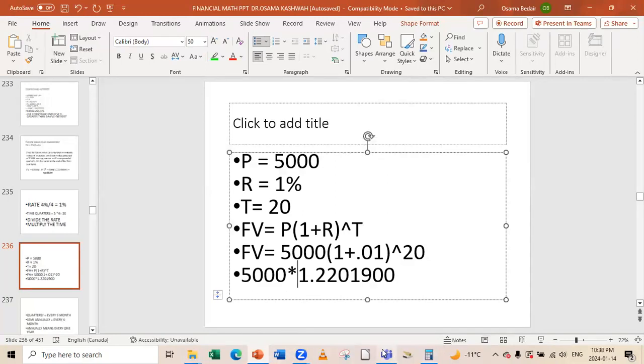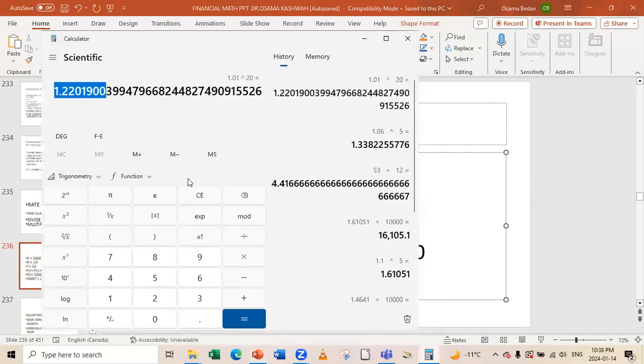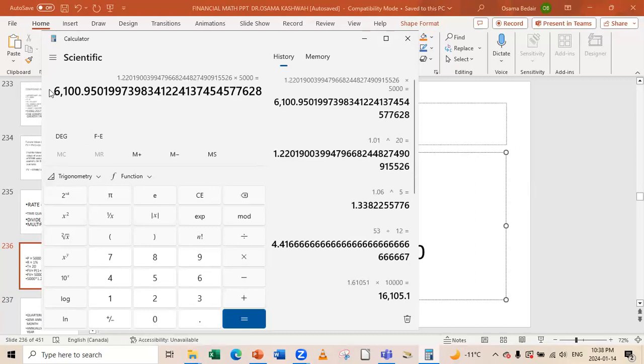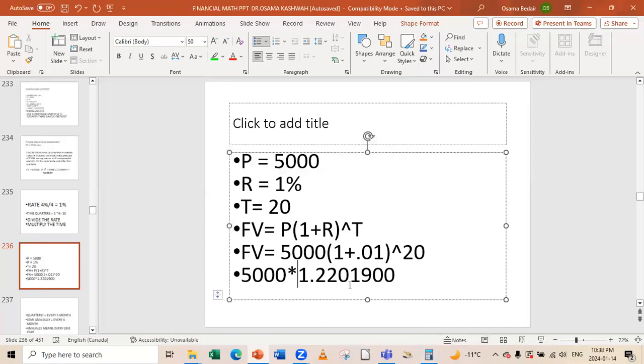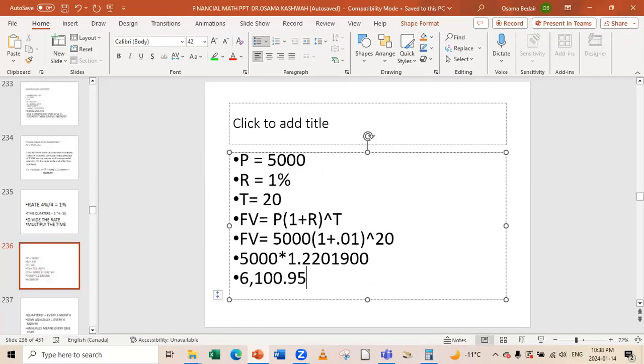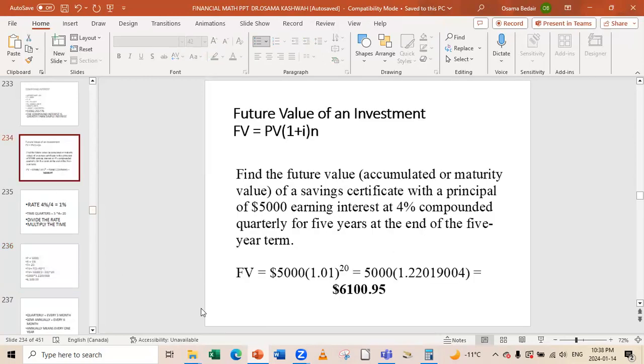So we multiply by 5,000. That equals 6,195 cents. Control and C, and here it is, will equal Control and V, 6,195 cents. Here is the result we got from this example.